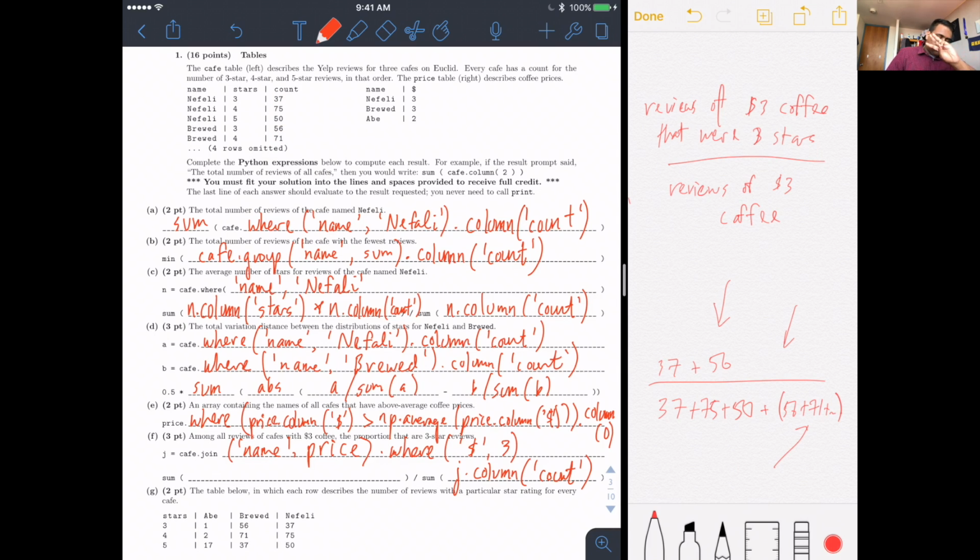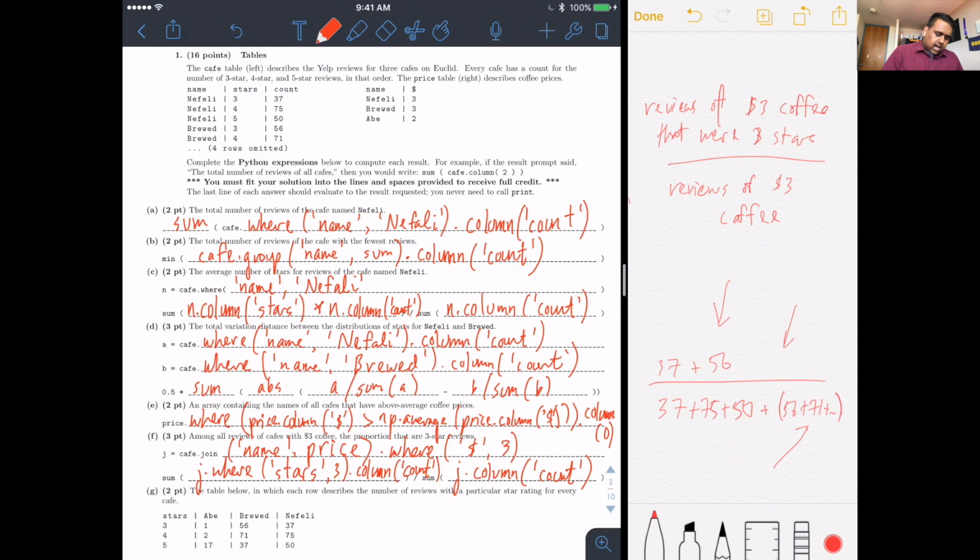And on the numerator, we're going to have the same thing, but j.where the stars are equal to 3. And then we want to do the count column of that. And that will give us 37 over 37 plus 75 plus 50, and so on with all the other values.